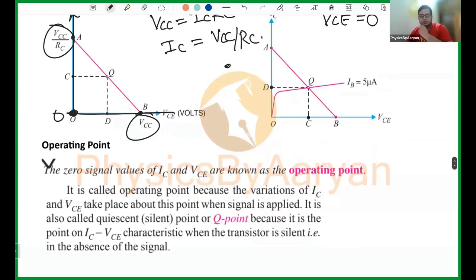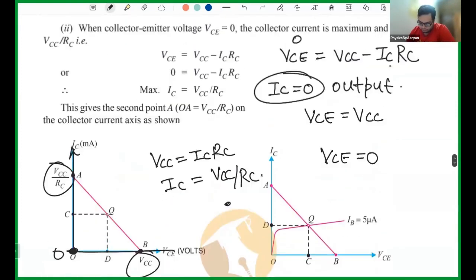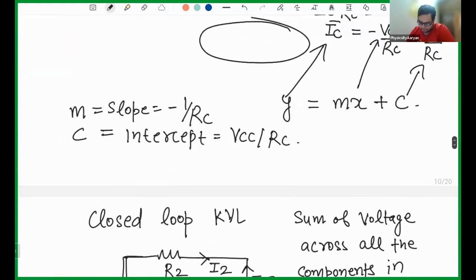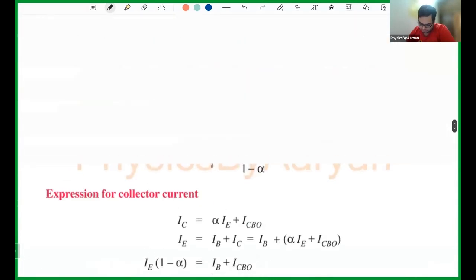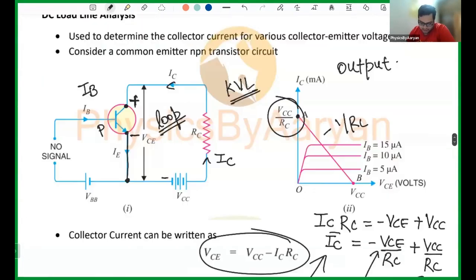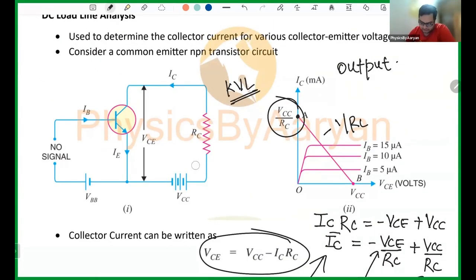Fine. So now there is another thing known as operating point. In the circuit, I want you to look at it very carefully. Let's go to the input side. You can see there is a signal applied. But let's say I do not apply the signal.